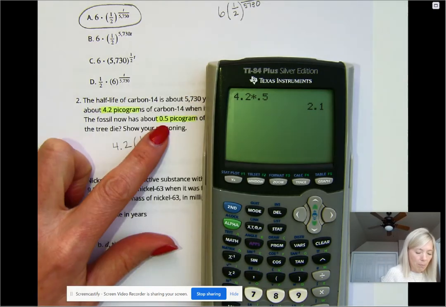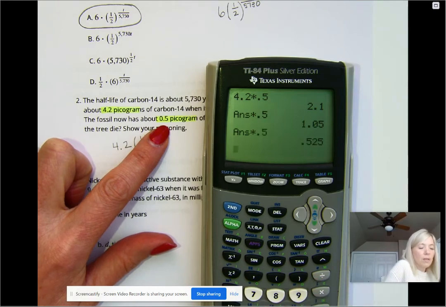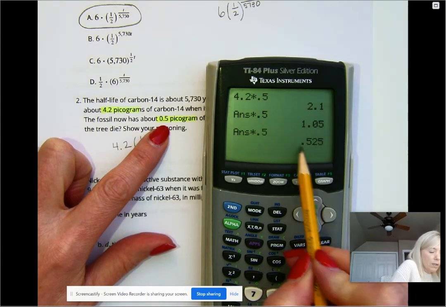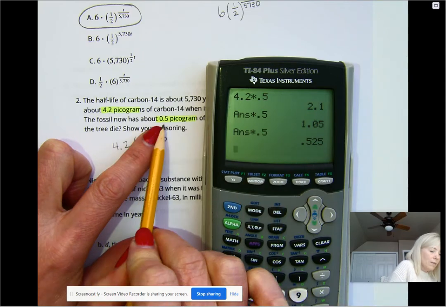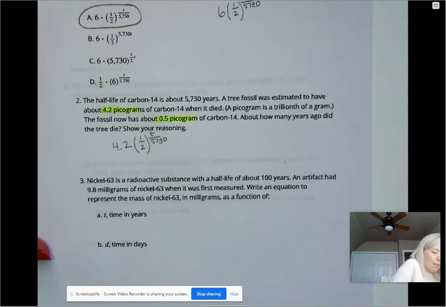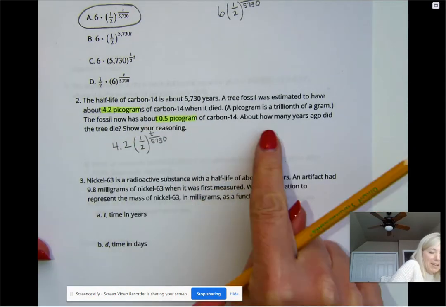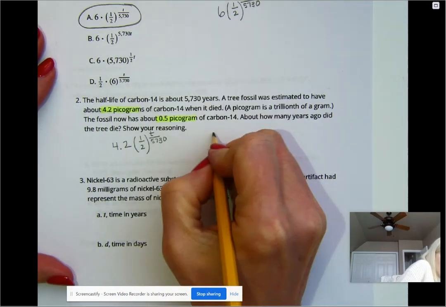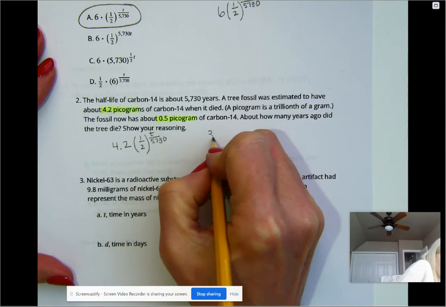I'm going to multiply it by 0.5 again, so that's 2 half-lives. That's 3 half-lives. I'm going to say 3 half-lives because this is really close to 0.5, and it does say about, so we're going to estimate. So I came up with 3 half-lives.